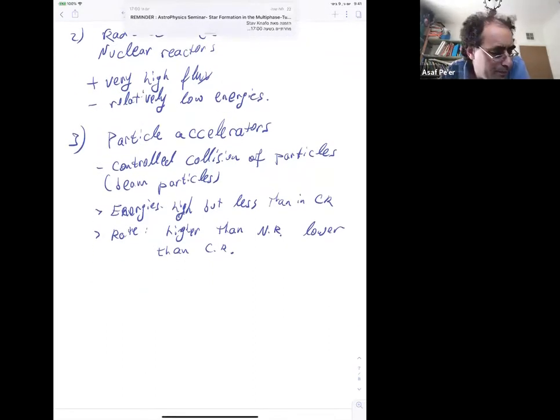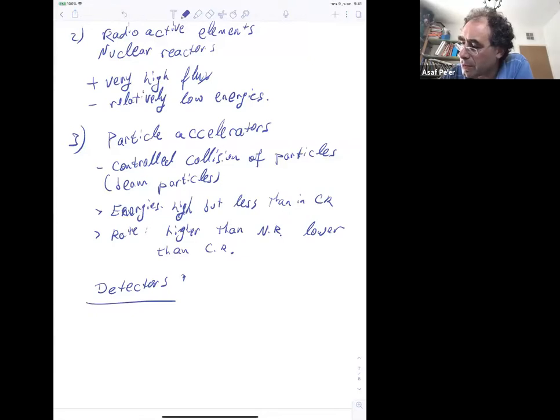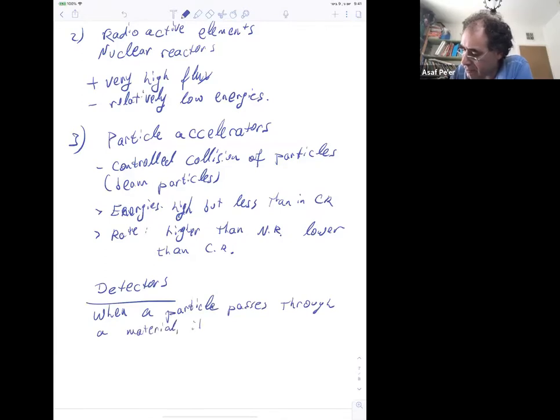Just one word about detectors. How do we actually detect the particles? It's all essentially based on the fact that when particles pass inside a material, they lose some of their energy to the material. So let's write it down. When a particle passes through a material, it loses some of its energy.